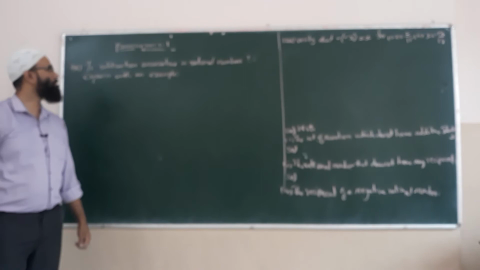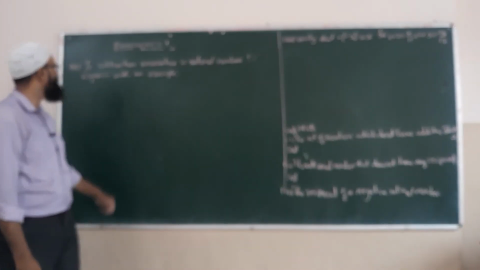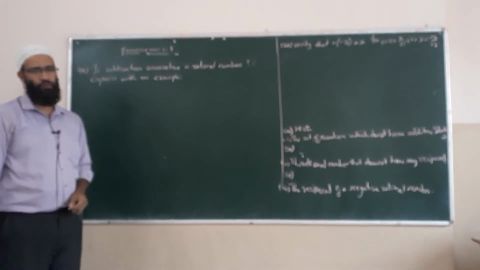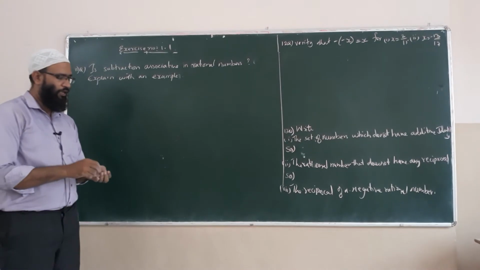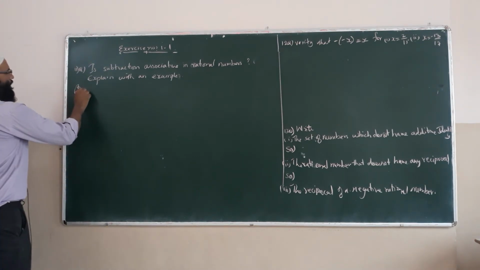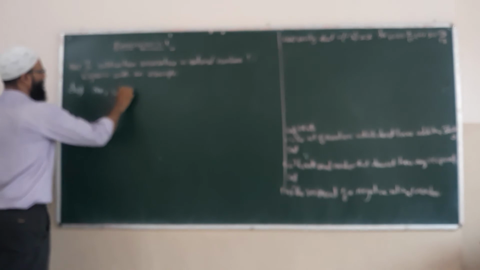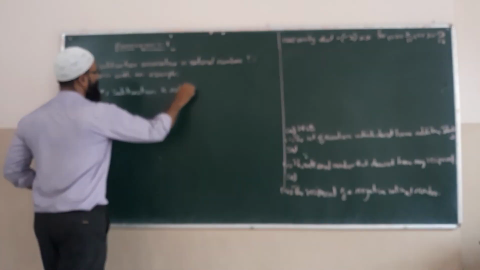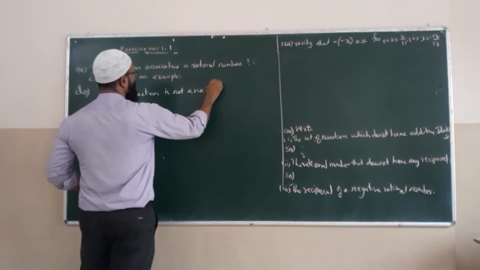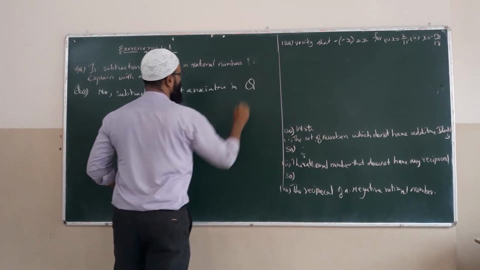Question number 11. Is subtraction associative in rational numbers? Explain with an example. In our previous classes we already learned this. Now the answer is no. Subtraction is not associative in rational numbers.